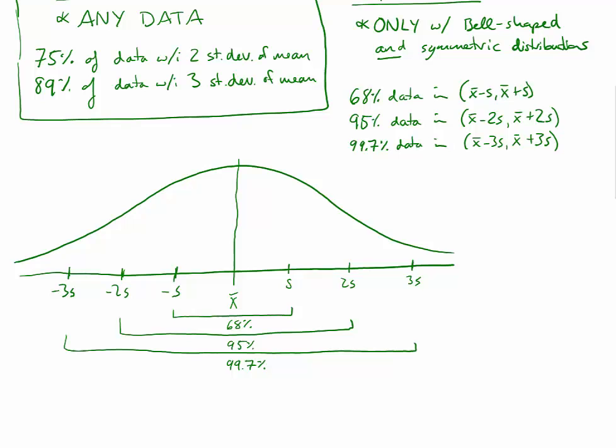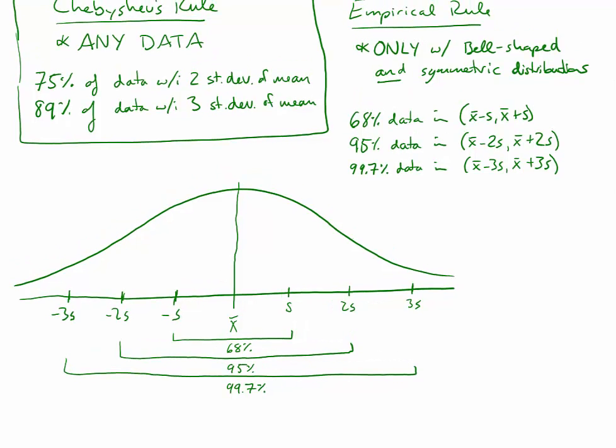Okay. Next up, we're getting into probabilities and how much data is in what area of a distribution. If we've got this distribution here, you can always think of some kind of distribution as a probability distribution. This is a nice pretty one.